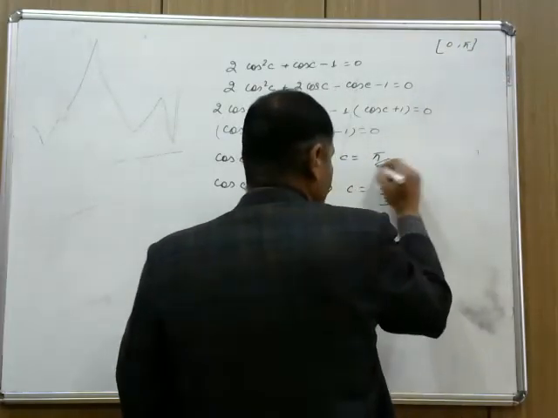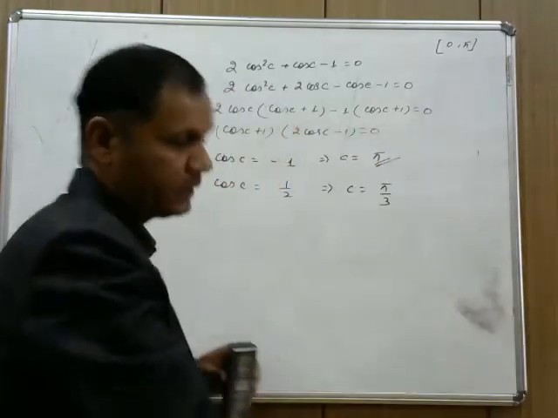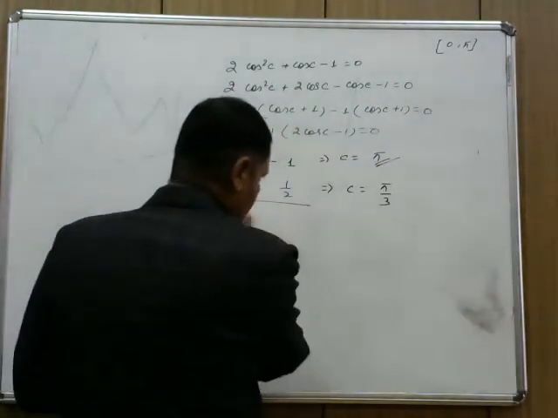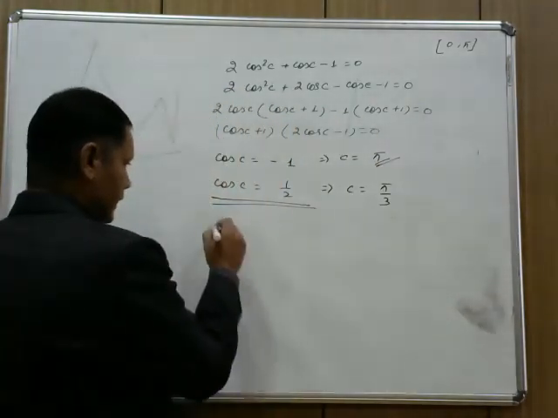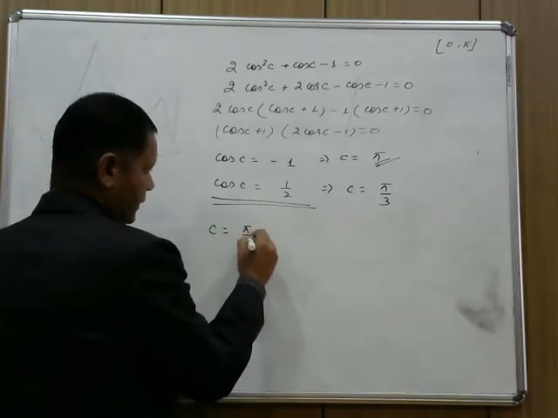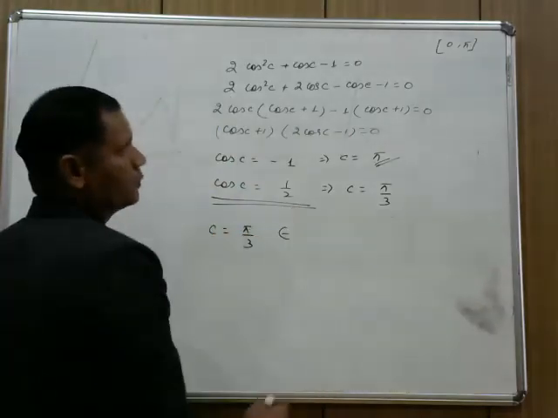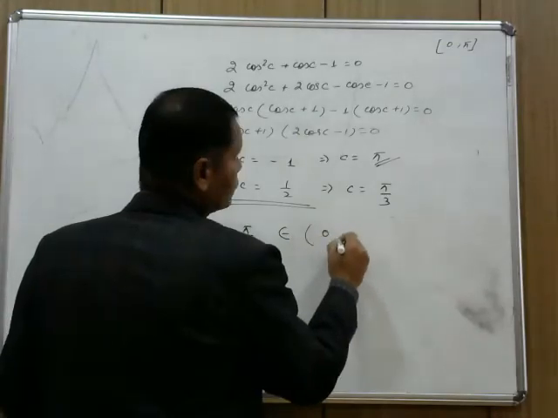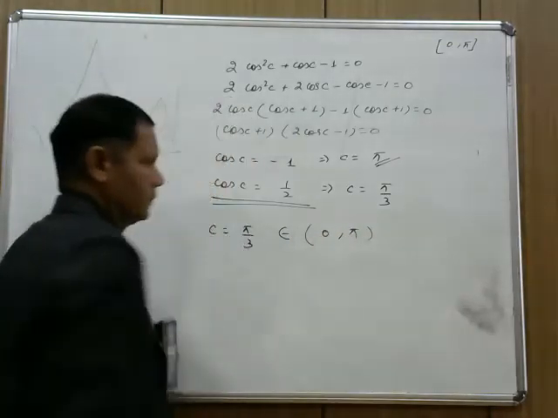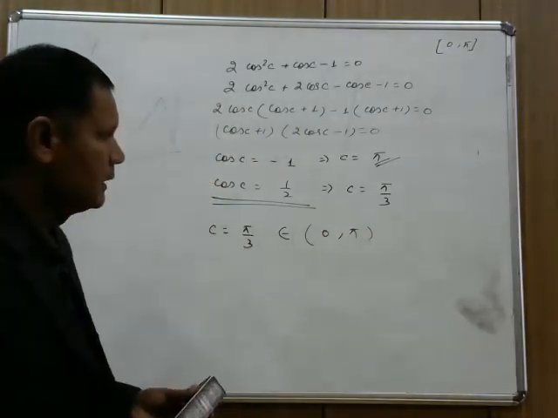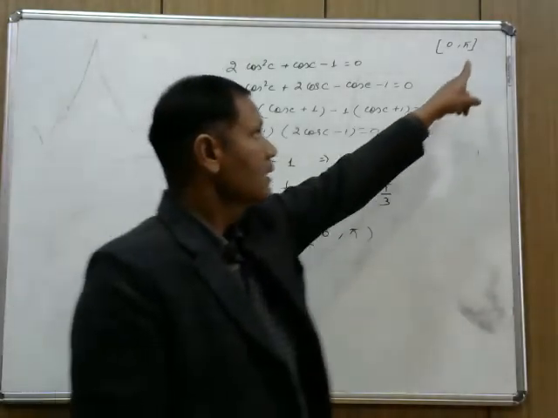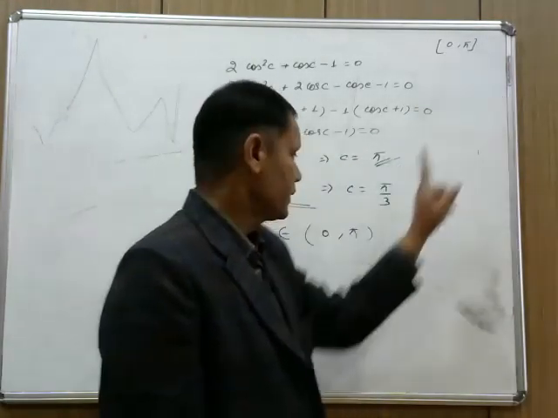That's why I cannot take this value pi here. Now c is equal to pi by 3, which belongs to the interval 0 to pi, lying in between, not pi, because pi lies in the closed interval, not in the open interval.